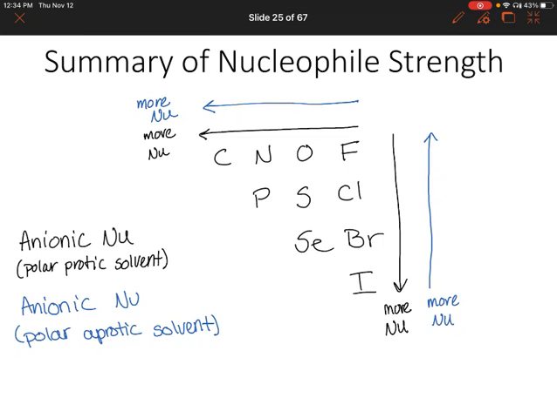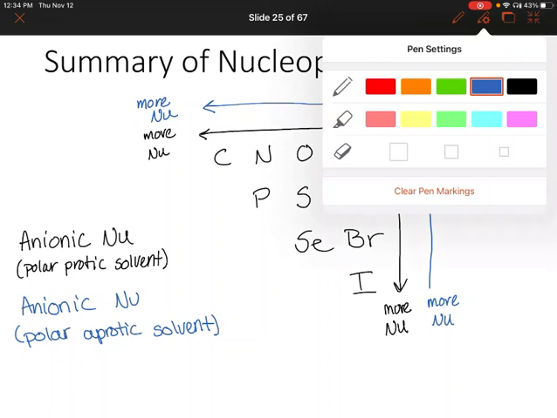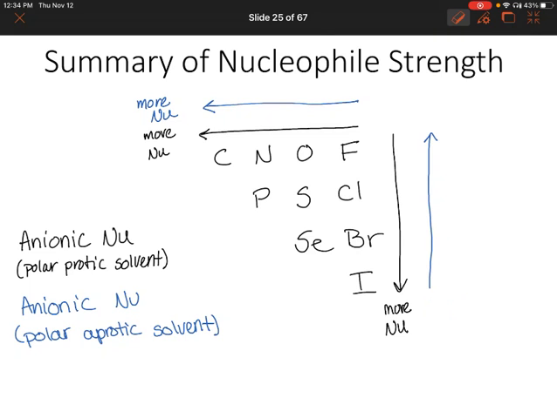And that's due to the fact that if you don't have those hydrogen bonds from a polar protic solvent, now we care about nucleophile strength in terms of atomic radius. So the smaller the atom, the more basic the nucleophile, and the better the base, the better the nucleophile. Oh, and let me actually write more nucleophilic at the top so it's not confusing. There we go.